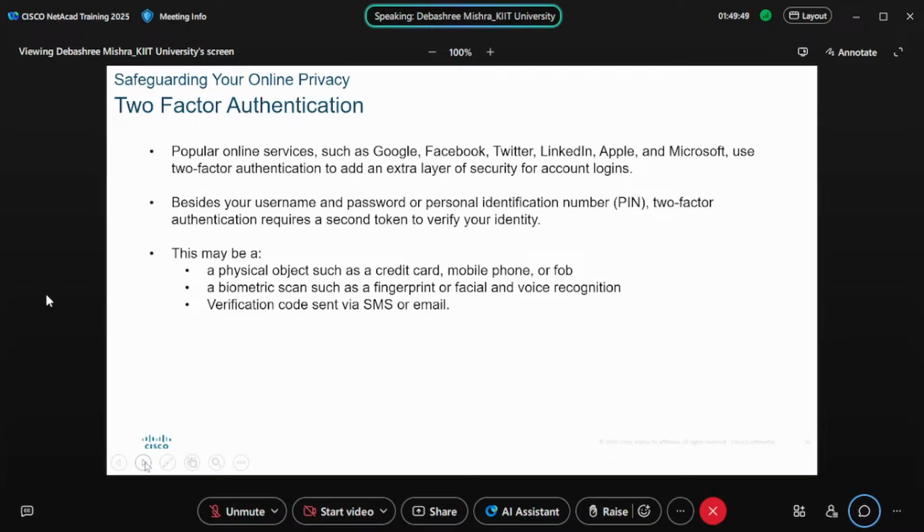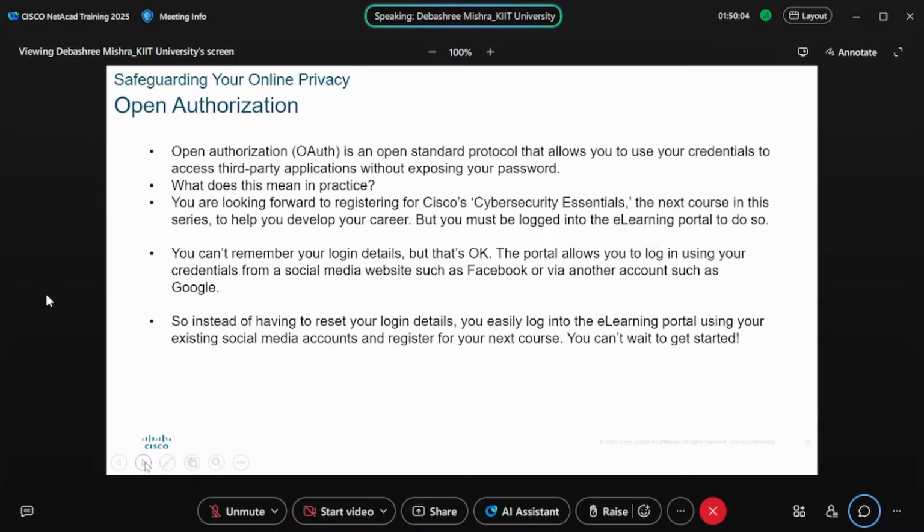A biometric scan, or facial or voice recognition, can also be used. So these are what two-factor authentication is. Even if you are giving the passwords or the PIN, this gives one extra layer of security to the platforms you are accessing.